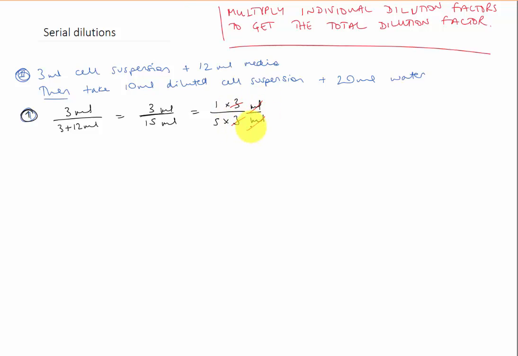We don't need the mils anymore, those cancel out as well, so that gives us 1 out of 5, i.e. a 5 times dilution.